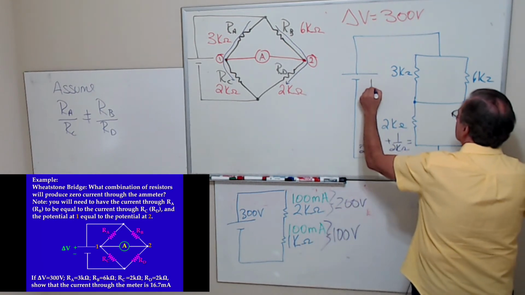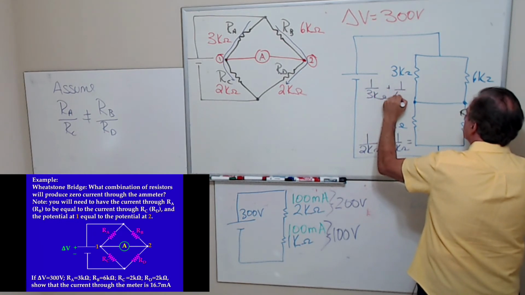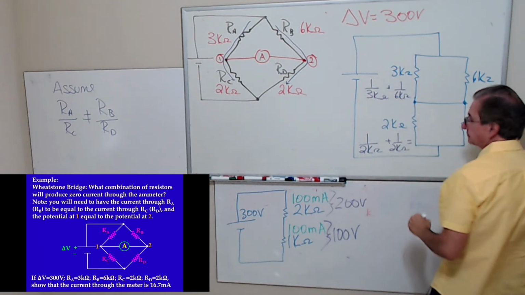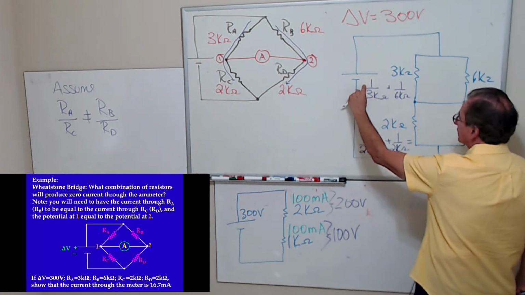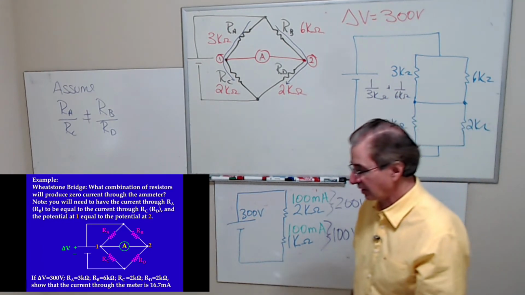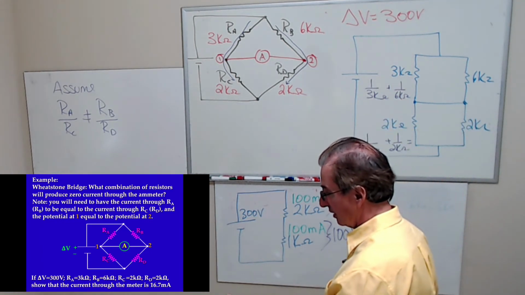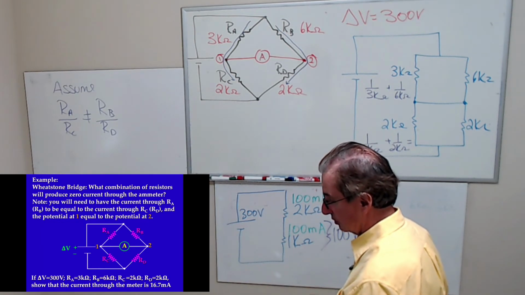And this one's 1 over 3 kilo ohms plus 1 over 6 kilo ohms. You get a common denominator of 2/6. 2/6 plus 1/6 is 3/6. The reciprocal of 3/6 is 6/3, which is 2.